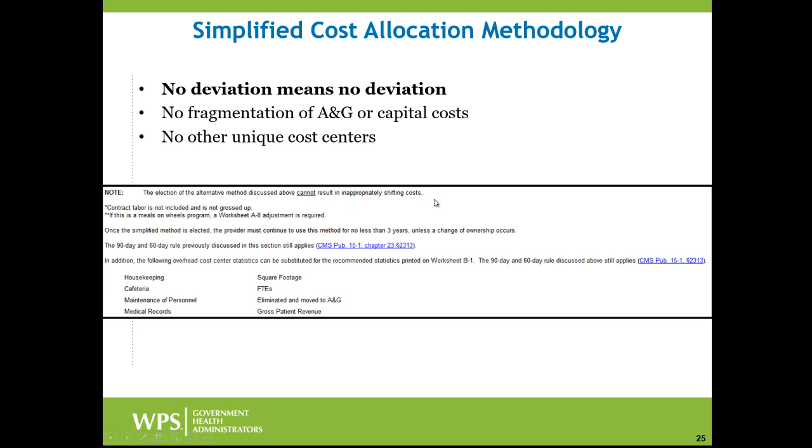The goal has to be simplification, not reimbursement increase. Here's the other important thing about the simplified method. Once you've elected it, you're locked in for at least 3 years unless there's a change of ownership. So it's unlike any other request where you can come in or out of it. The 90-day and 60-day pre-approval rules still apply.